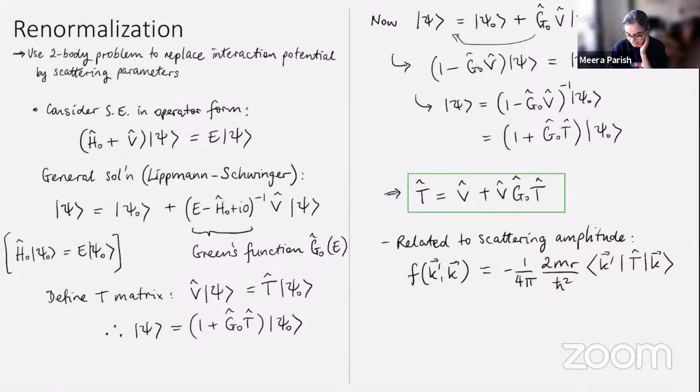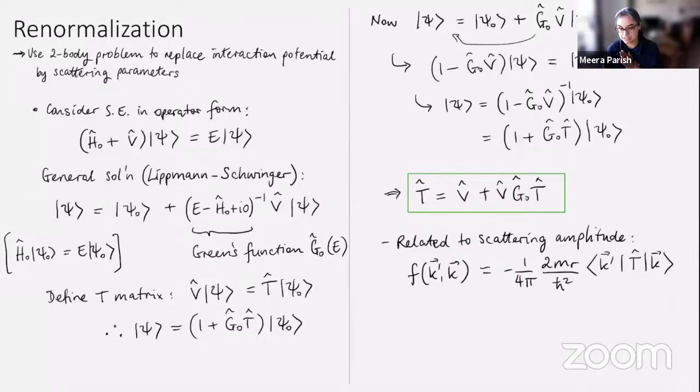So now what I can do is work out how to connect this V. I can put in principle any type of potential I want, so long as I get out the right scattering amplitude or scattering properties at the end of it.